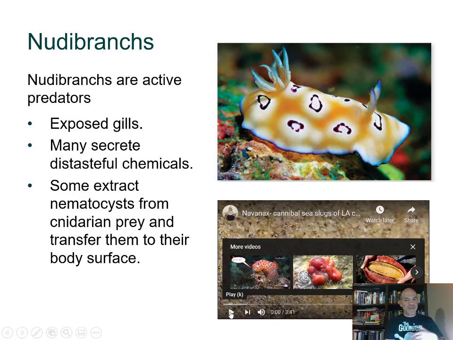So not only do they use the animal for food, they also take their weapons from them. They're called nudibranchs, and a lot of them are really brightly colored. This is another species, different than that other one. Again, they use the organelles from those stinging cells as their own defense.